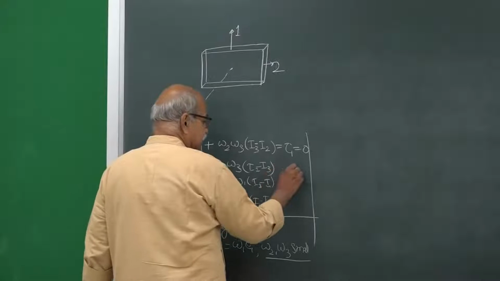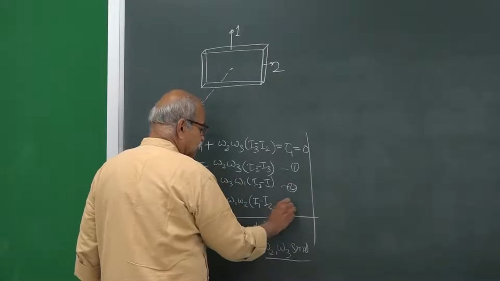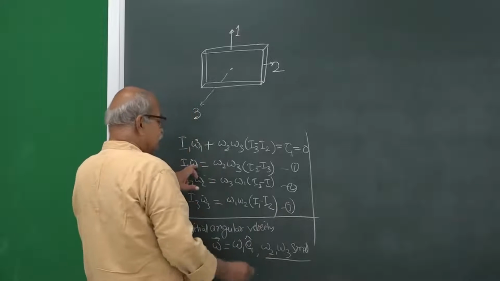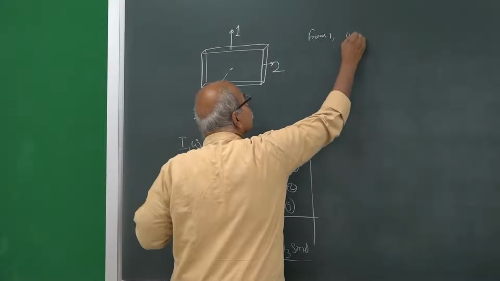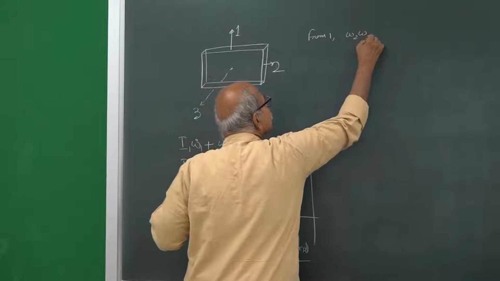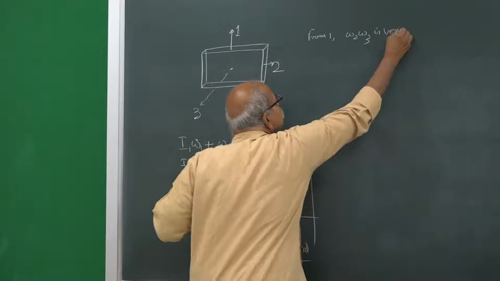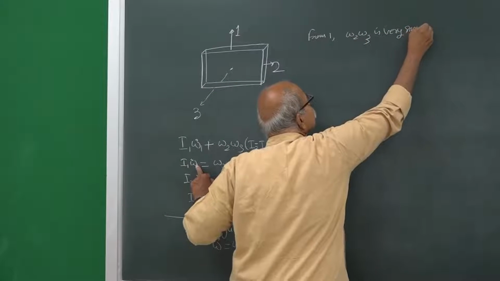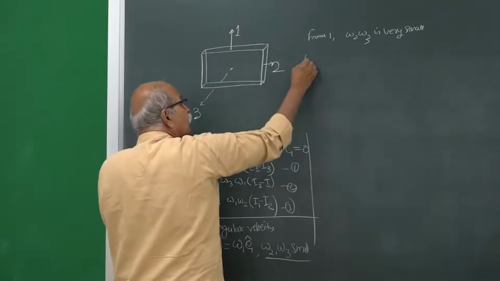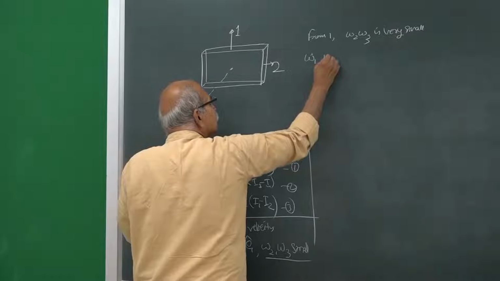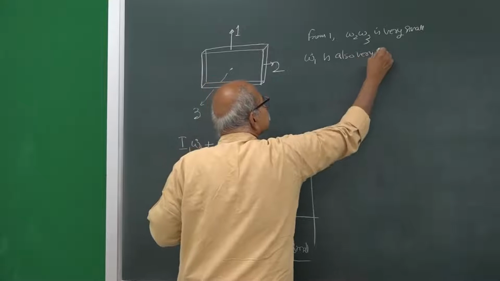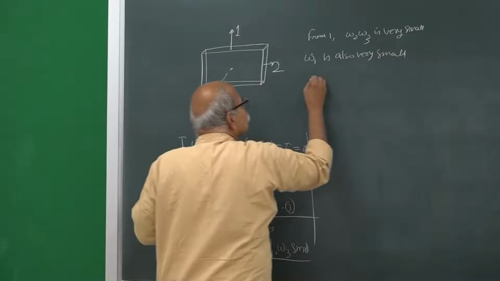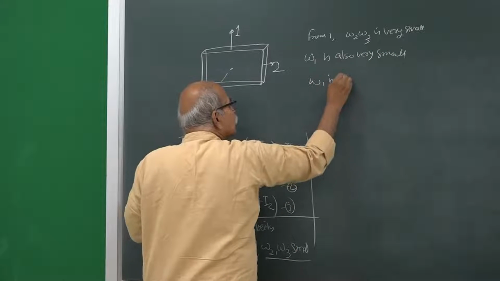Okay. So, if I say this is 1, this is 2, this is 3, then from equation 1, since omega 2 into omega 3 is very small, this omega 1 dot is also very small, and hence omega 1 is nearly constant.